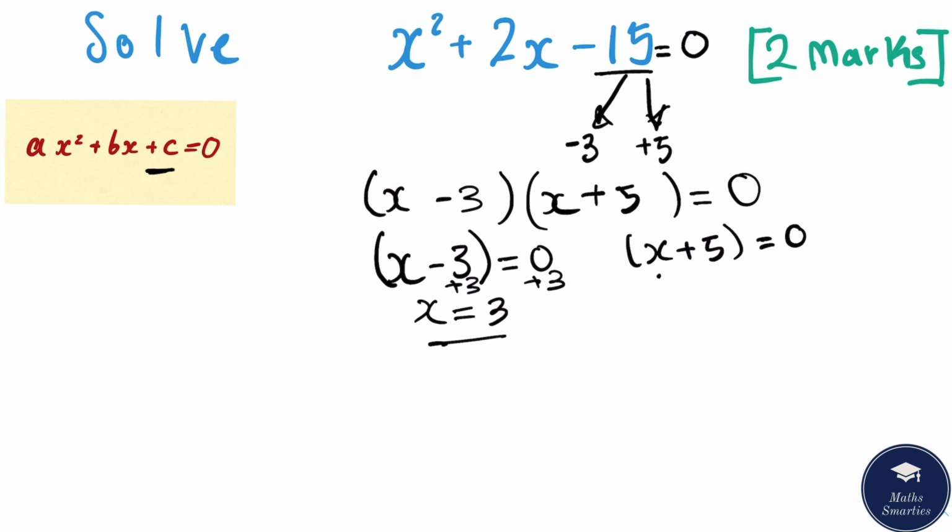This one, we need to subtract 5. x is minus 5. So essentially what we did here is we just flipped the signs. Okay, look at the signs. Here it's positive, here it's negative. So what we did, we just flipped the sign, and that's it. We got 2 solutions and we got 2 marks. So well done if you got these right.